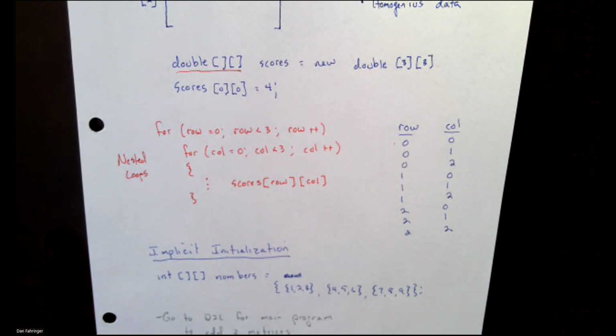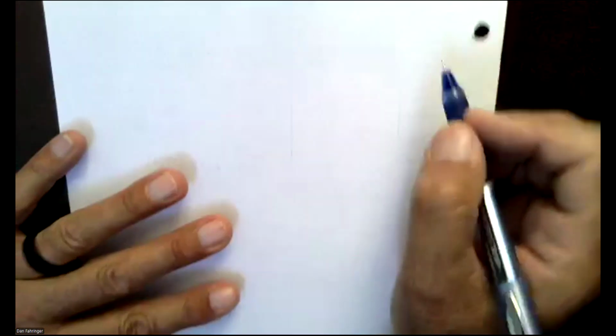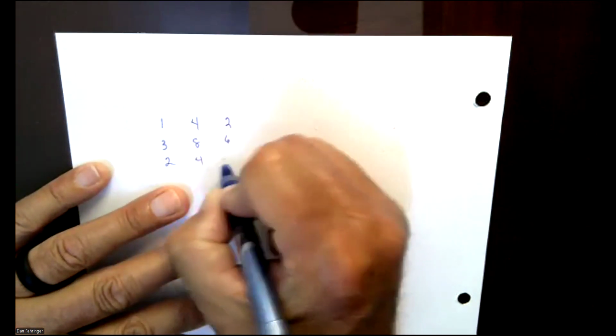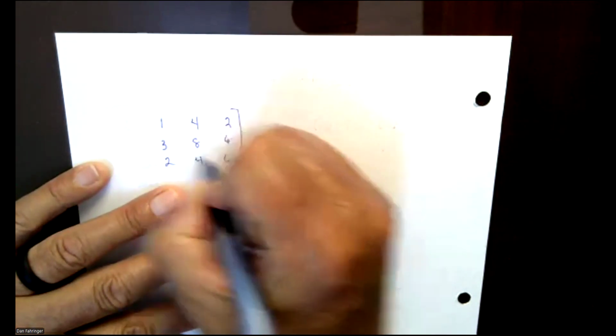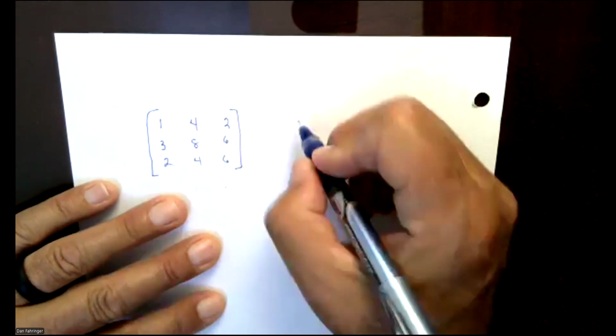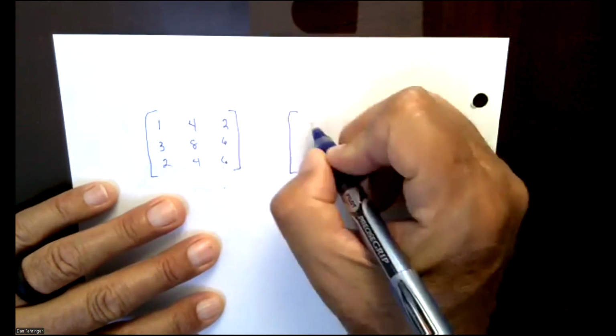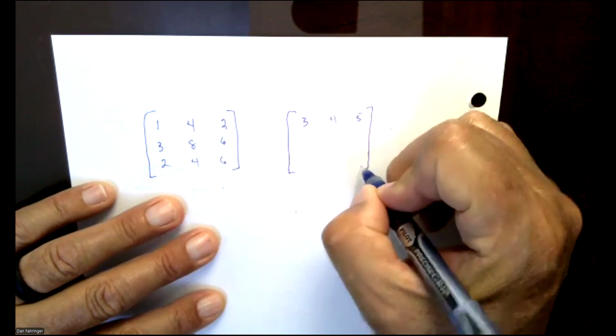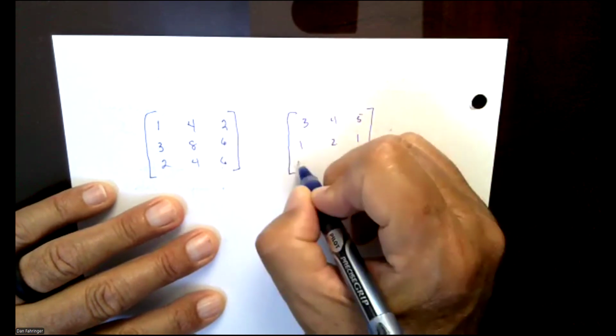What do you think? Back to the world of matrices. If I have a matrix, 1, 4, 2, 3, 8, 6, 2, 4, 6. Matrix number 1. Matrix number 2, 3, 4, 5, 1, 2, 1, 2, 1, 2.